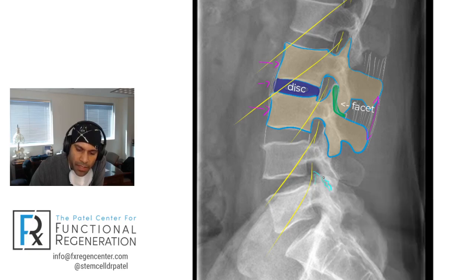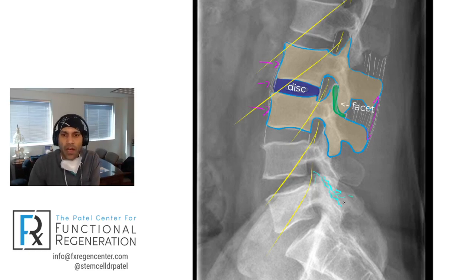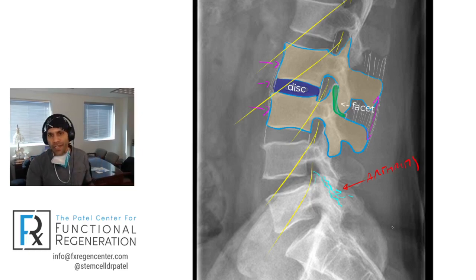And that is essentially what happens with arthritis. As that all gets rougher, there's going to be some breakdown of the cartilage, breakdown of the bone over time, and that is called arthritis of the facet joints. That's horrible, you can't see that. It's all good.